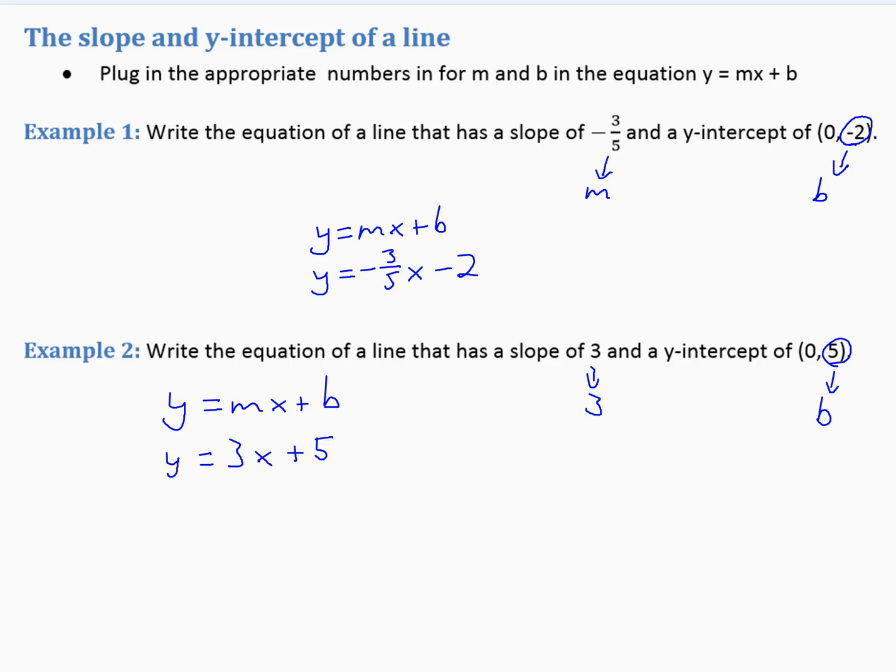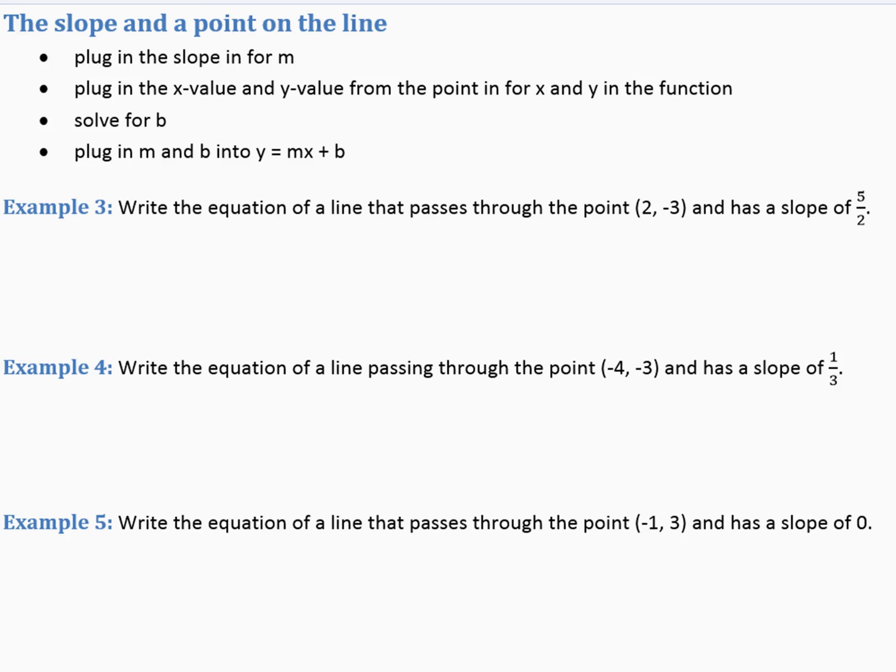Pretty straightforward. To the next one, we do have several examples here, and we'll look through each one. This time we're given the slope. So we'll know the slope, we'll know m, and a point on the line. And so what we're going to do is we'll still use slope-intercept form. And as you look here, plug in the slope in for m. So we'll put the slope in for m, and actually we'll have a point.